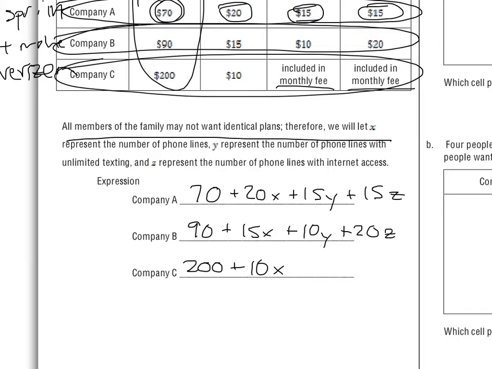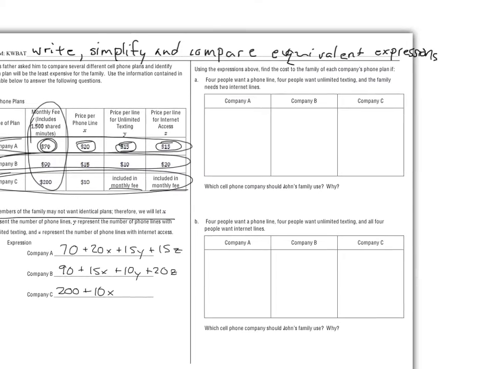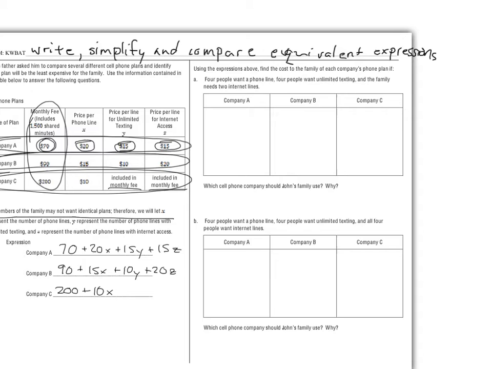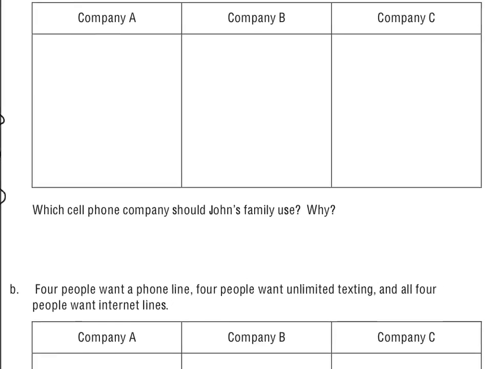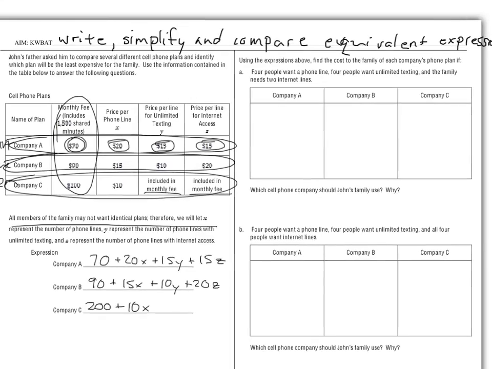All right, so now the next question asks us to use the expressions above to find the cost of the family's phone plan for each company, given the context. For each of these, we're going to start with the original expression.